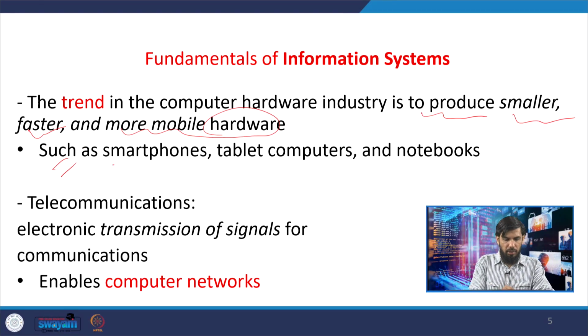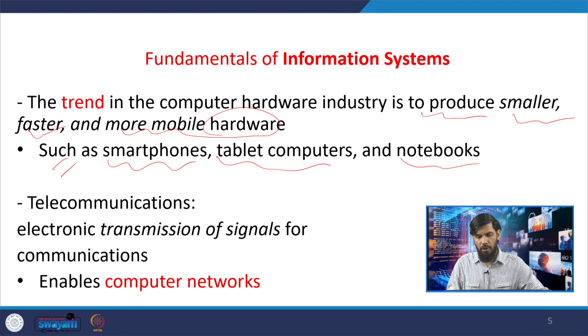So this trend essentially means that focus is more on producing smartphones, tablet computers, notebooks, right. Notebooks and laptops have a small difference: laptops have slightly bigger screen sizes, slightly heavier, more durable components within it, while notebooks are slightly lightweight with a smaller screen and slightly less battery life.